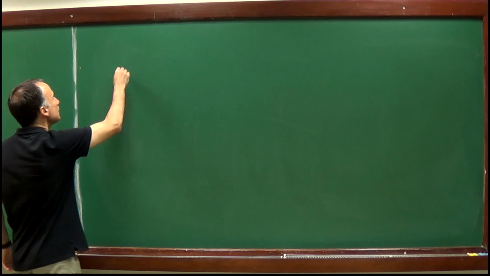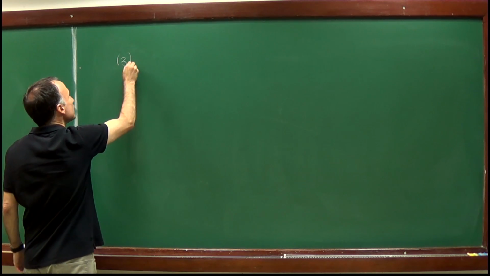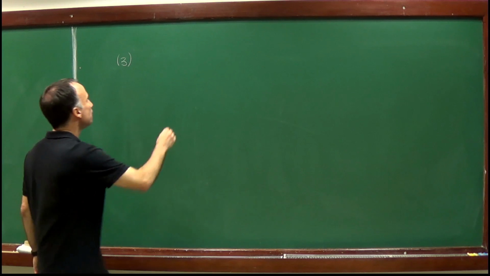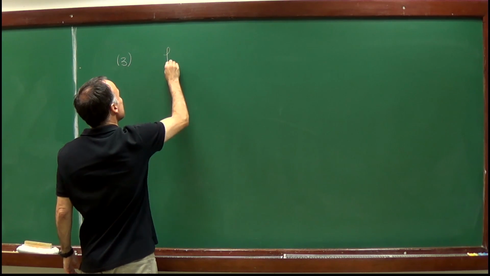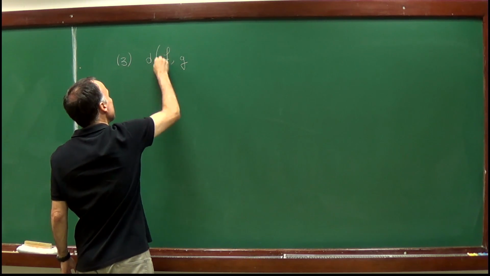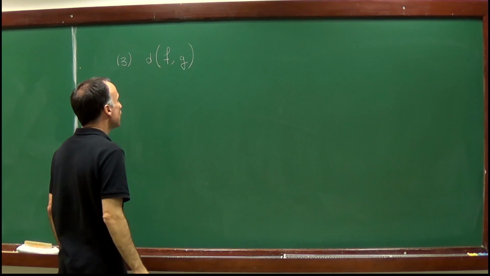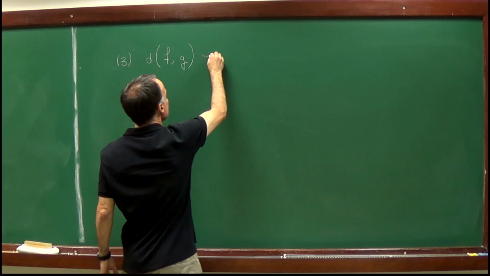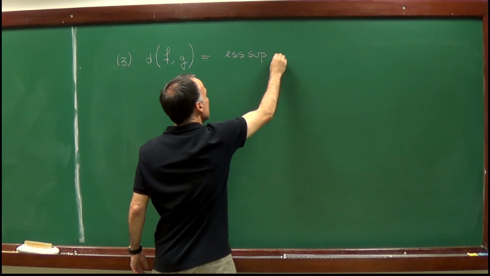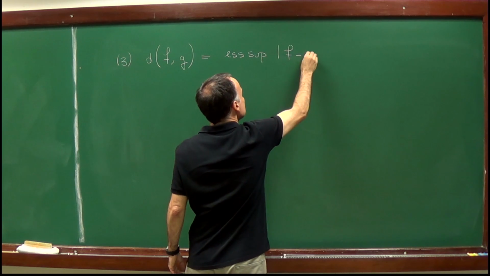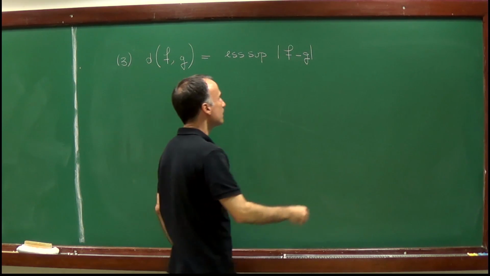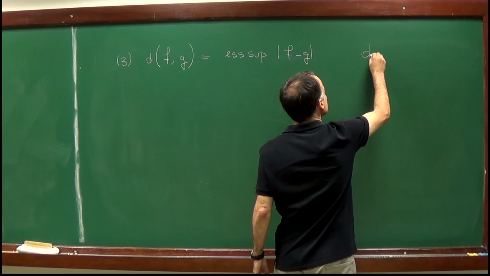Now I claim that we can introduce a distance by using the essential supremum. So I'll take f and g, two functions, and I will define d of f and g as the essential supremum of f minus g. And I claim that this defines a distance.